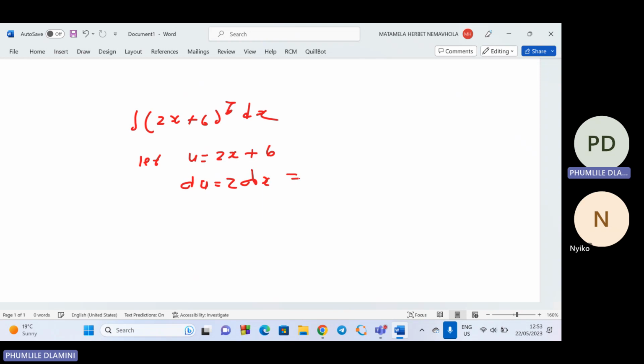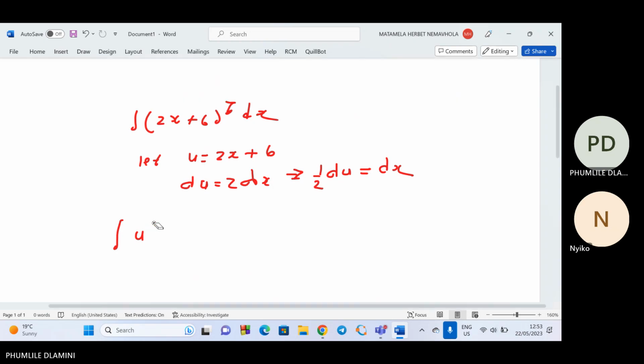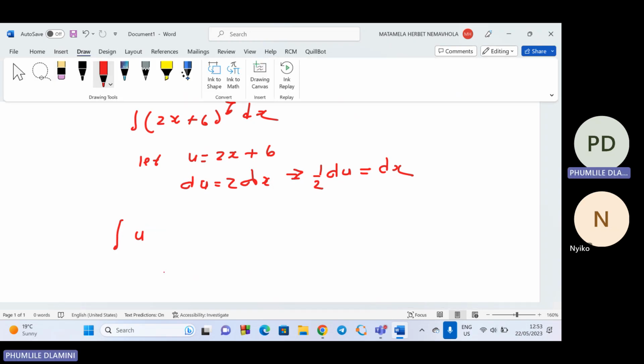This implies that 1/2 du is equal to dx. So where there is 2x + 6, I substitute u. Which means I'm going to have u to the power 5.